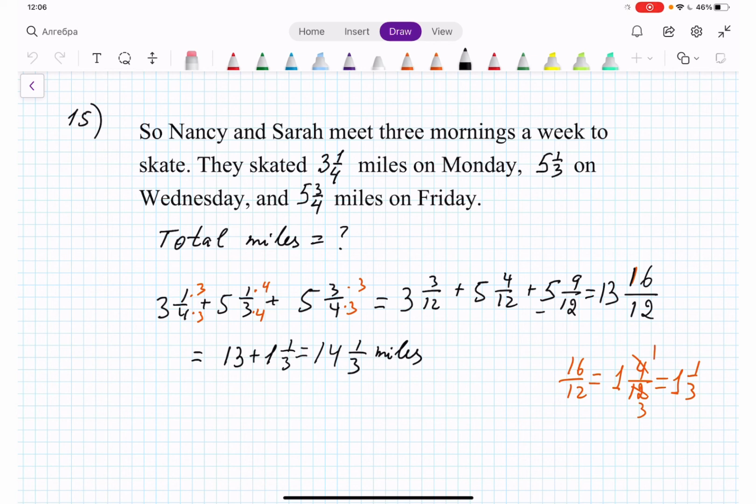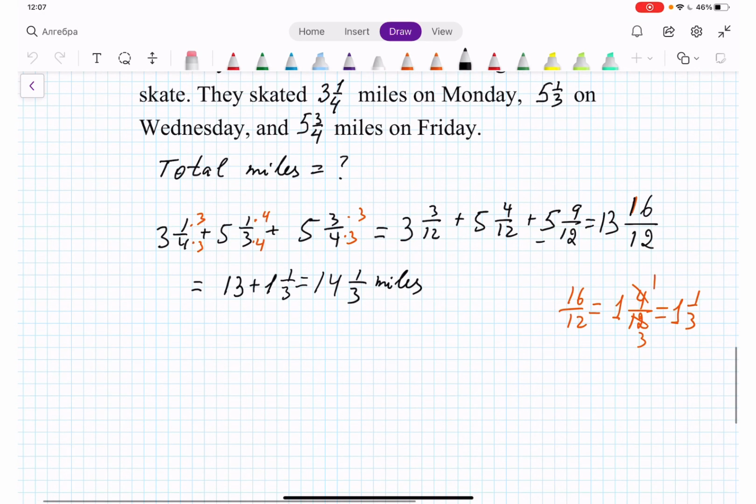And we have one more question. Question number 16. I'm not going to write it down because it's something similar. I'll just read the problem. Let me read the question first. The country club in a small village maintains the putting greens with a grass height of 1/8 inch.